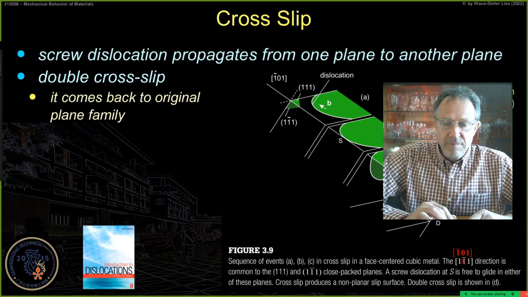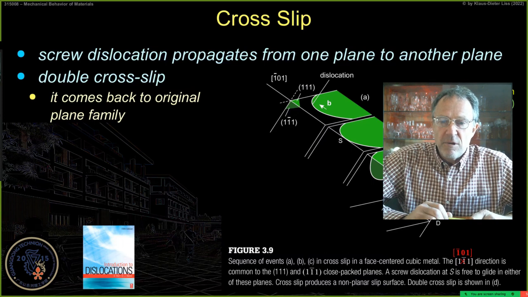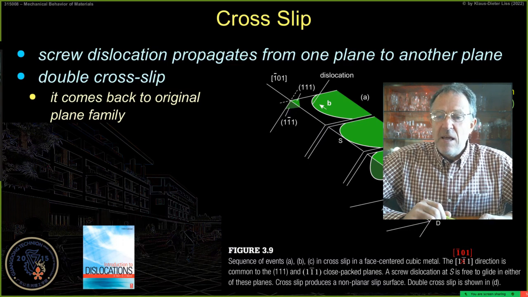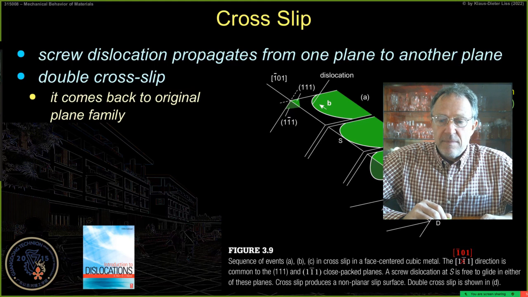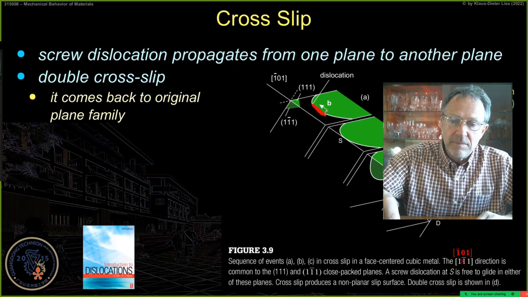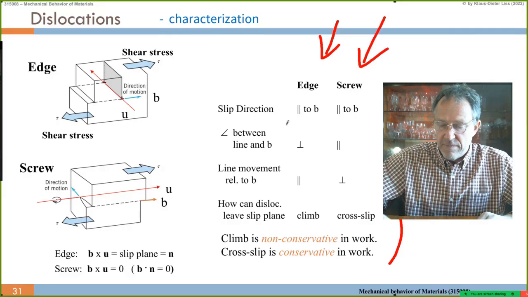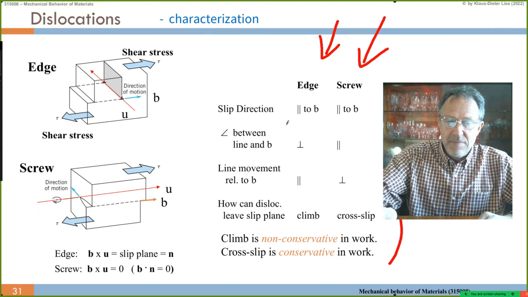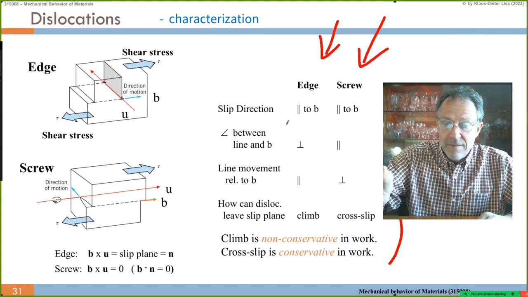I promised you to talk about cross slip. So cross slip is when the screw dislocation propagates from one plane to another plane. Here we have a screw dislocation. And remember, screw dislocation moves perpendicular to the Burgers vector. Slip direction, moves parallel.